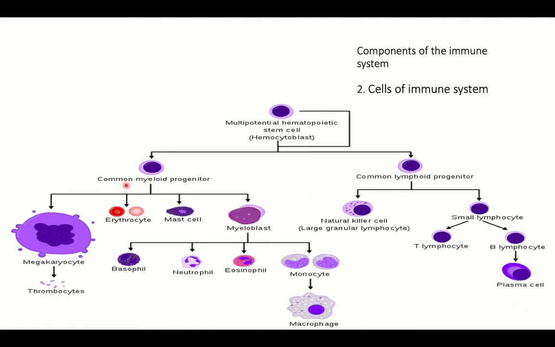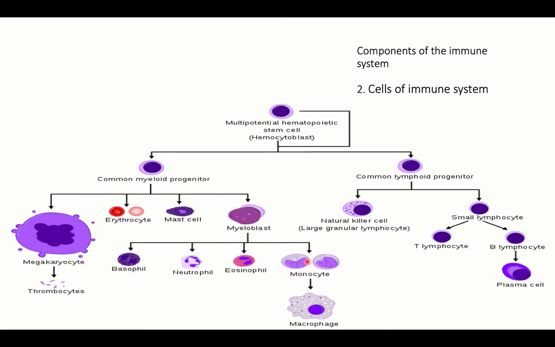The other side has a common myeloid progenitor, and this line will be differentiated into megakaryocytes that give us platelets, erythrocytes that give us red blood cells, and then the remaining white blood cells include mast cells and myeloblast. Myeloblast will differentiate into basophils, neutrophils, eosinophils, and monocytes. Okay.